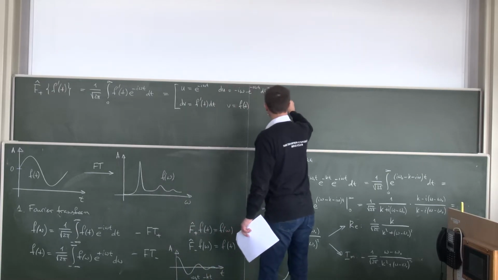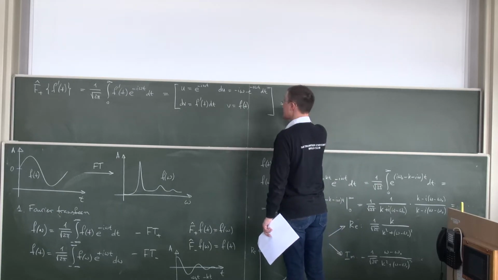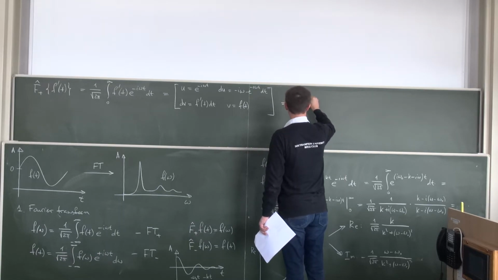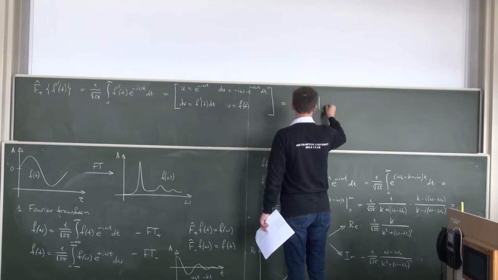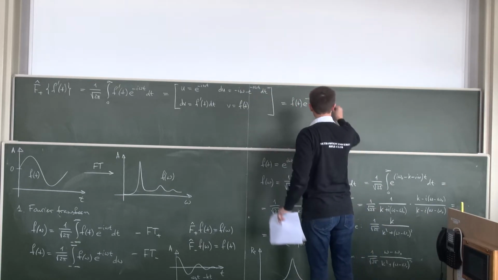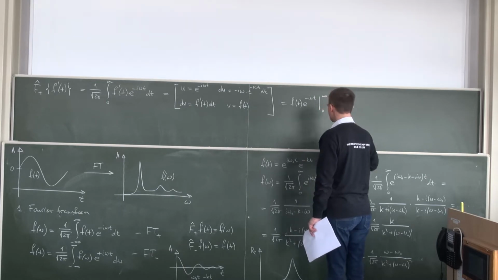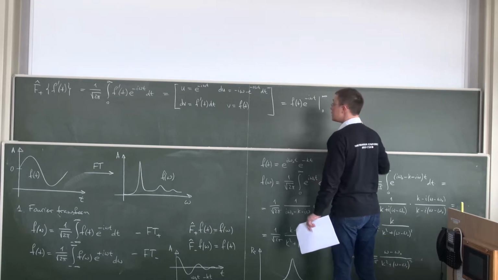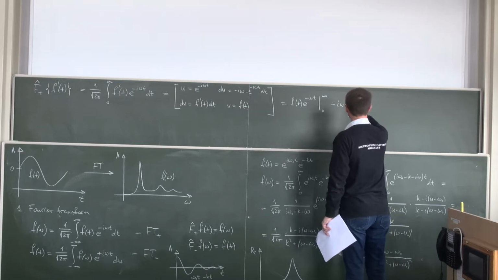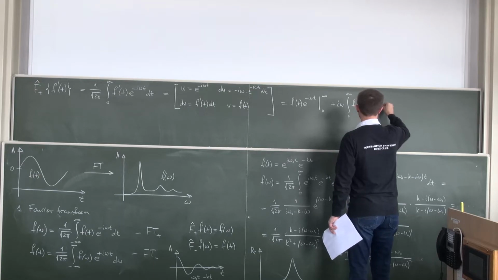Okay, so assembling that stuff together, we have uv, so f of t e to the minus i omega t from 0 to infinity, minus v du, that minus is already there, so it's plus i omega integral from 0 to infinity, f of t, and then the exponential e to the minus i omega t.